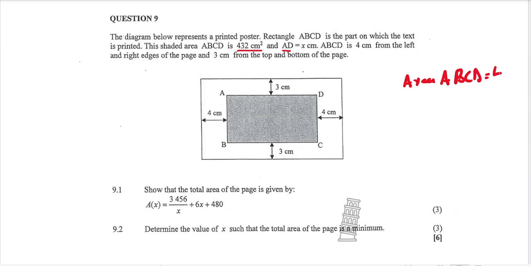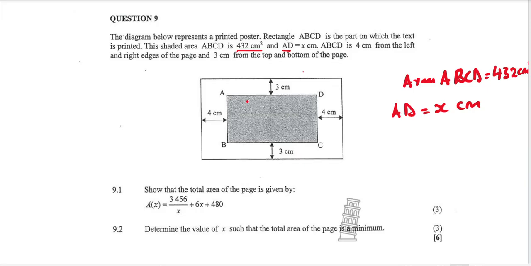We're going to say 432 centimeters squared. Our AD, from here to here, is x centimeters.